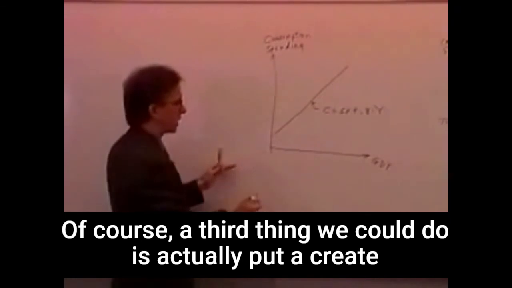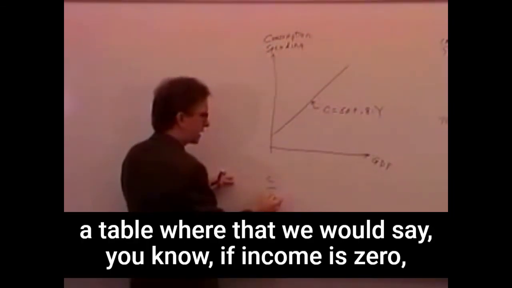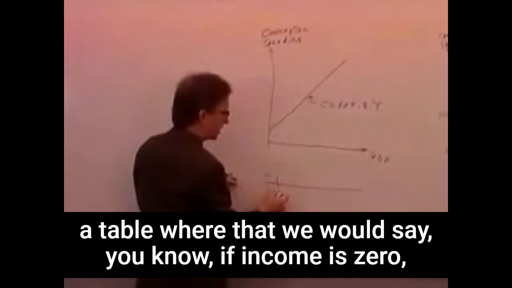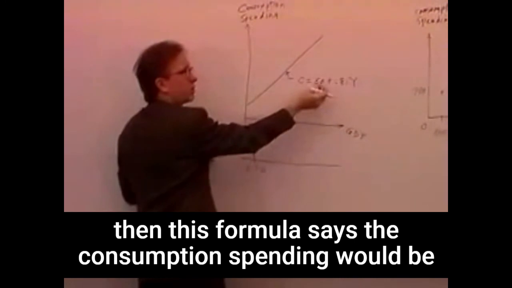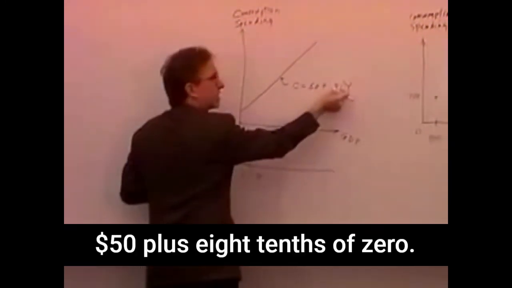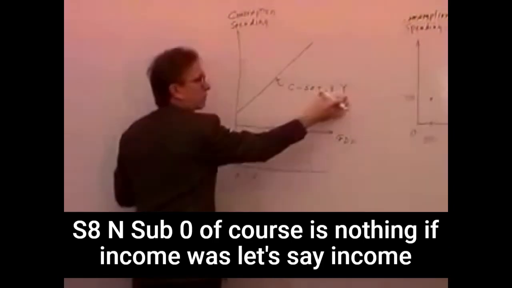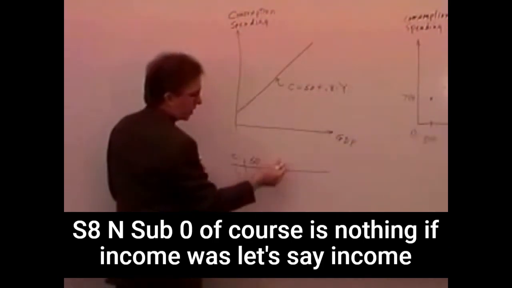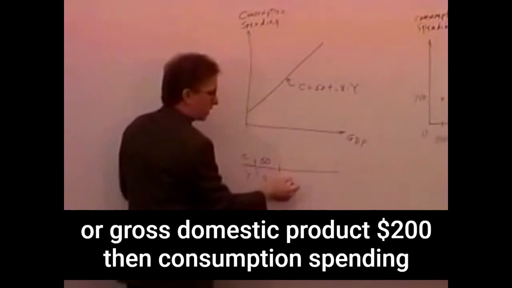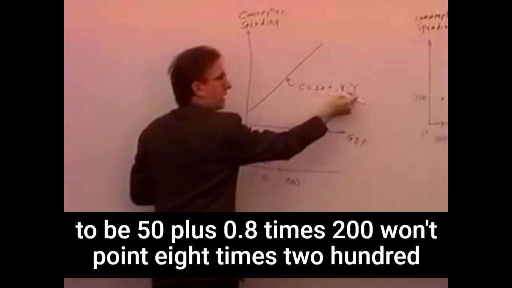Of course, a third thing we could do is actually create a table. If income is zero, then this formula says that consumption spending would be $50 plus 8/10 of zero, so consumption spending would be $50. 8/10 of zero, of course, is nothing. If income, or gross domestic product, was $200, then consumption spending would be 50 plus 0.8 times 200.